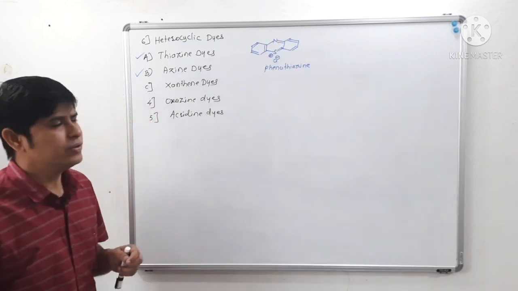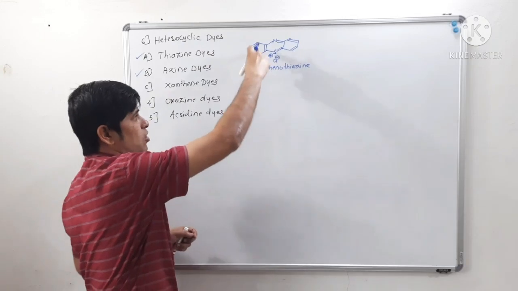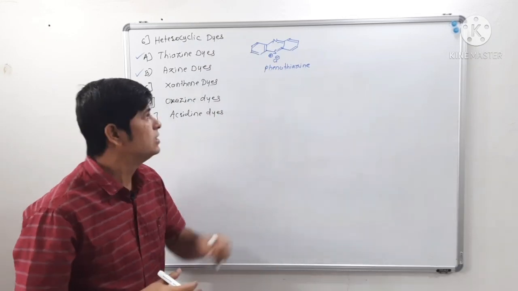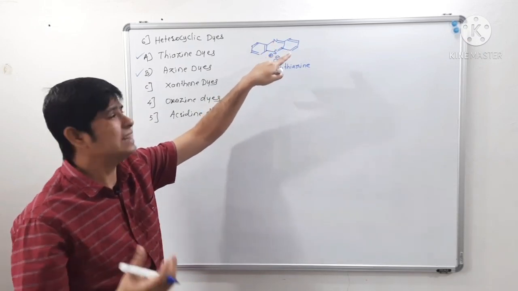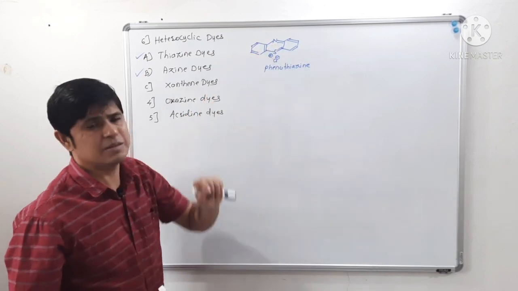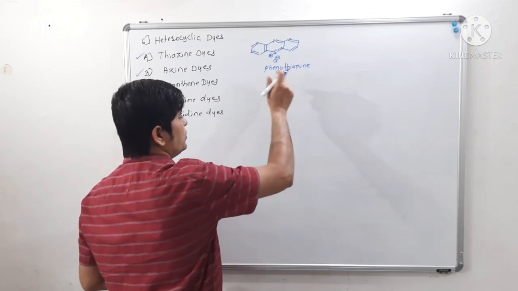This is a phenothiazine nucleus, and these thiazine dyes have the phenothiazine nucleus. Phenothiazine is like anthracene, but one carbon is replaced by nitrogen and the second carbon is replaced by sulfur. So this is phenothiazine.